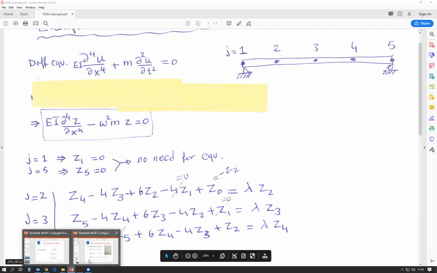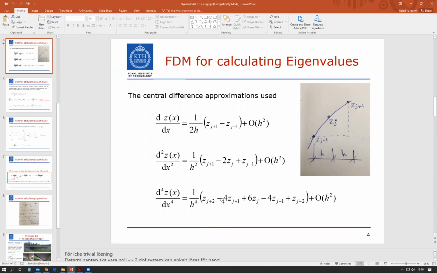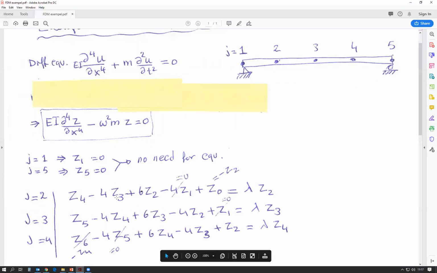And then minus 4z3. So 2 plus 1 is 3. Minus 4z3 plus 6z2. And so on, until we have replaced everything here with that central difference.